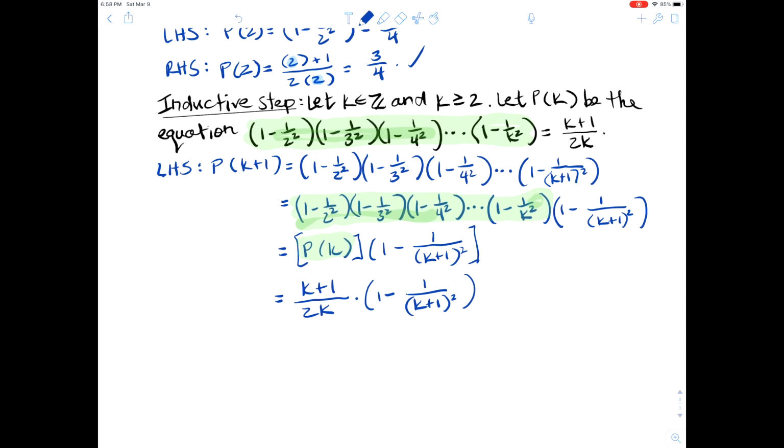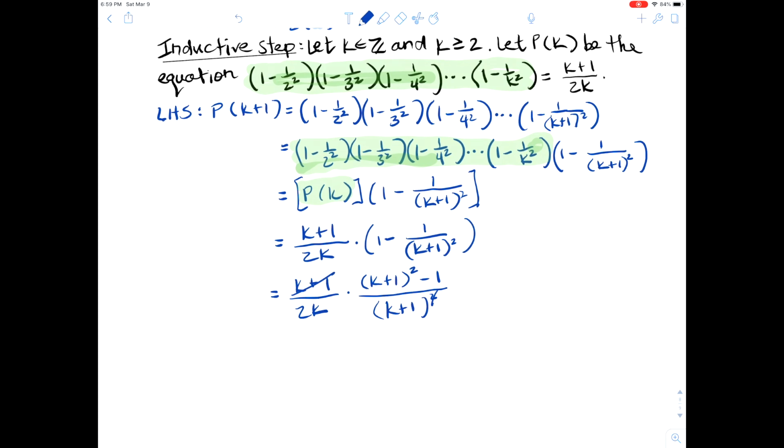All right, well, I'm going to go ahead and get a common denominator on that second factor. And that will give us ((k plus 1) squared minus 1) over (k plus 1) squared. And then we can divide out one factor of k plus 1.